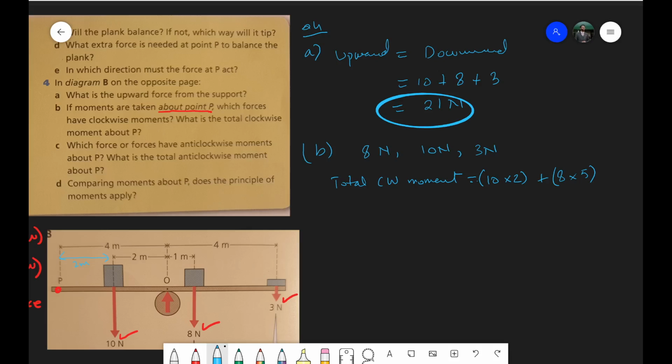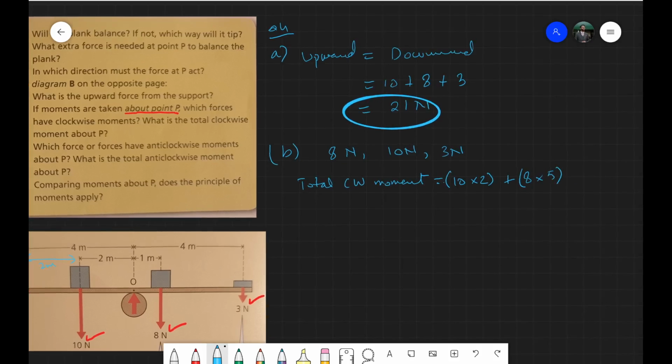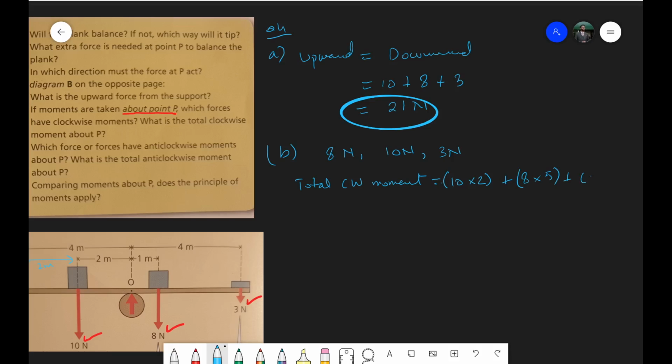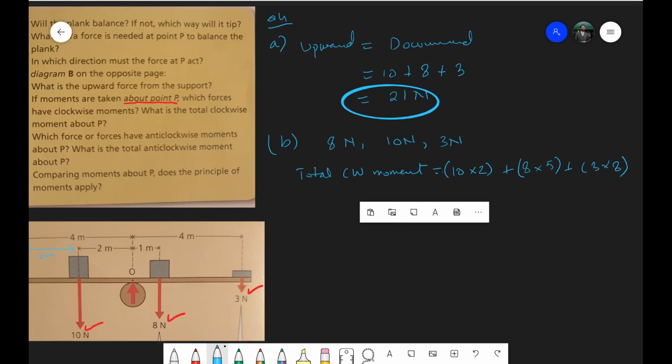And then the 3 Newton force is 8 meters away from it. So 3 multiplied by 8. And all we have to do is just find out these moments and add them up together, which should give us 10 into 2 plus 8 into 5 plus 3 into 8, and that will be 84 Newton meter. That is the total clockwise moment.